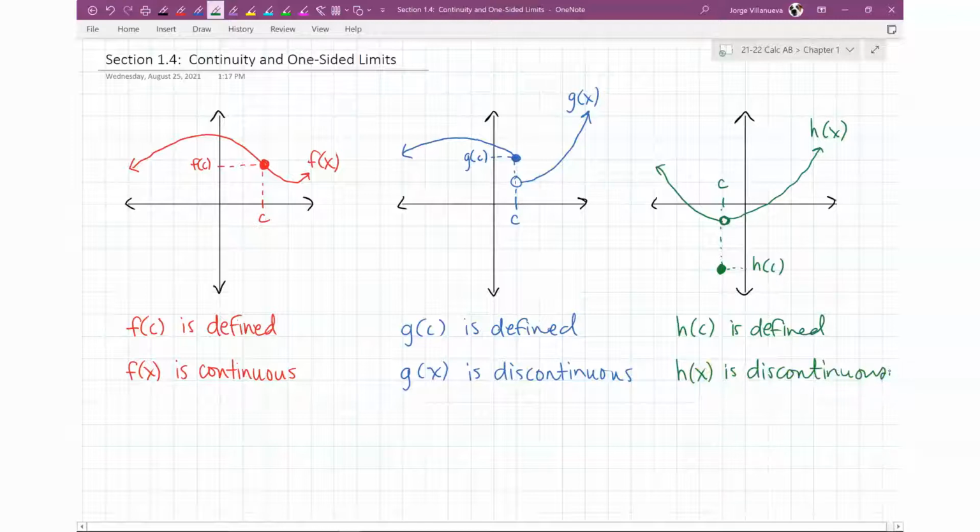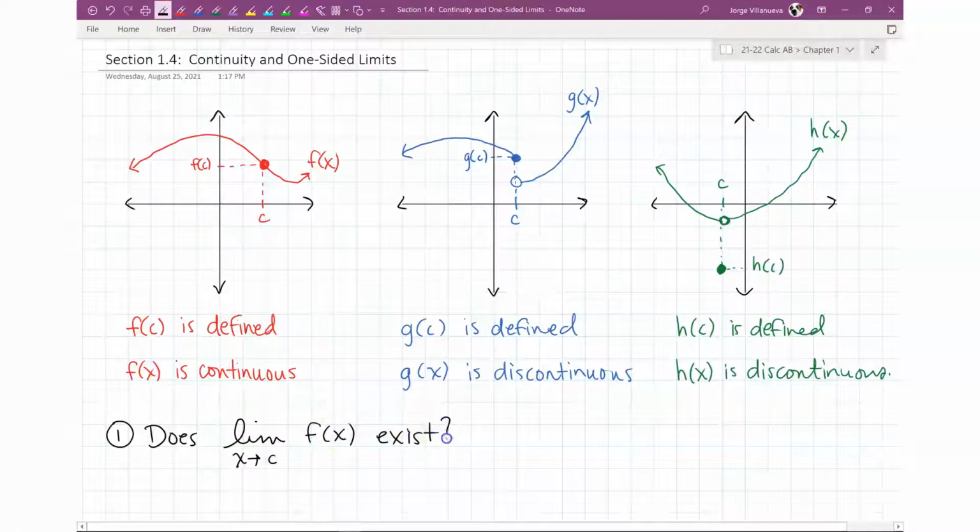Now, I'm just kind of curious. Does f of x have a limit at c? I'm going to put a real quick question. Does the limit as x approaches c of f of x exist?